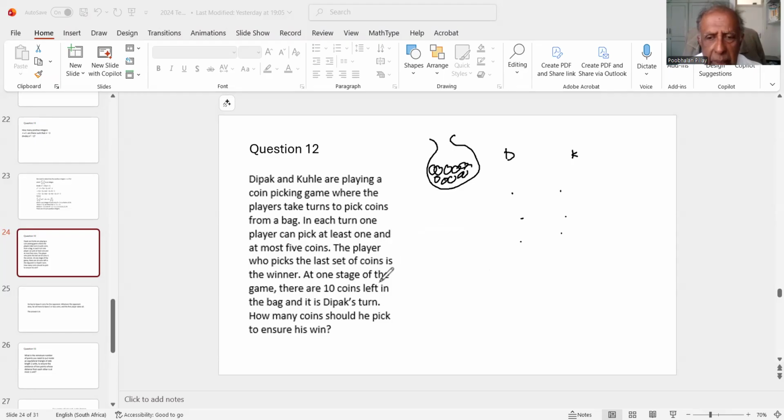Now they say at one stage there are 10 coins left in the bag, and it's Deepak's turn. How many coins should he pick up to ensure his win?